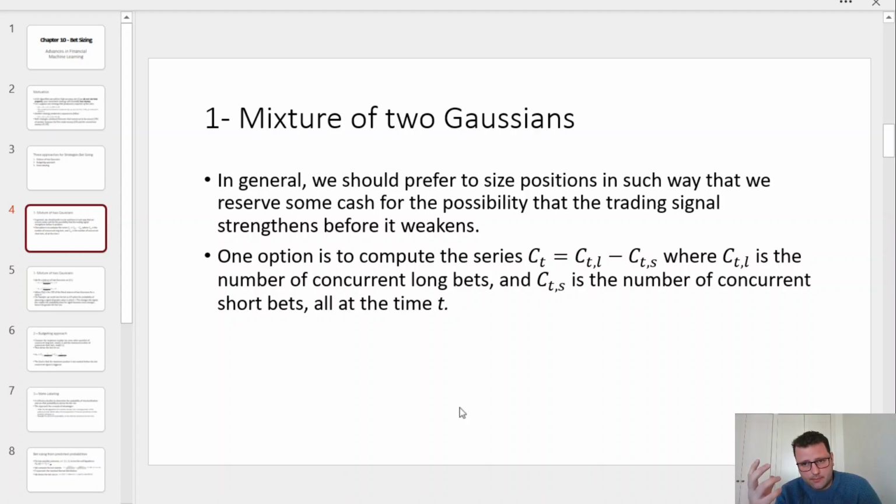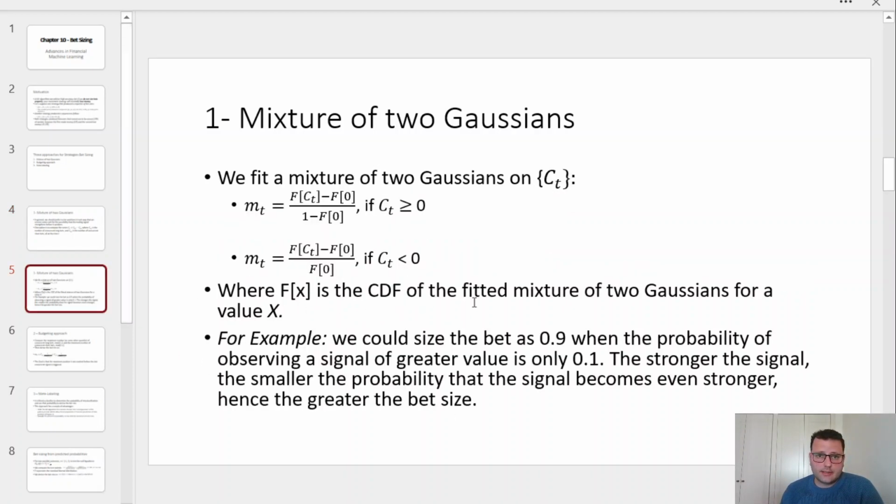To do this properly, we should compute the series of concurrent long bets and concurrent short bets at time t. So we make the series and get this function here.